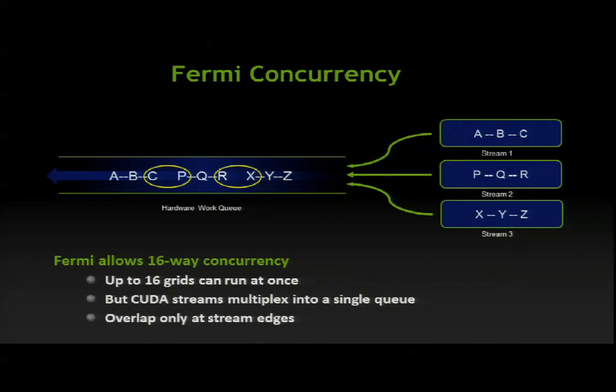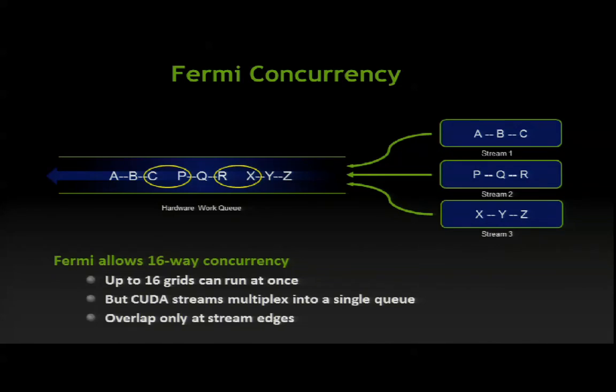Now, given that there was only a single hardware queue, it was hard to get good overlap because there were only limited situations where you could see kernel launches from one stream and kernel launches from another stream that were available. So only at the tail end of A, B, and C, it would see, oh, I can now start launching the P kernel.